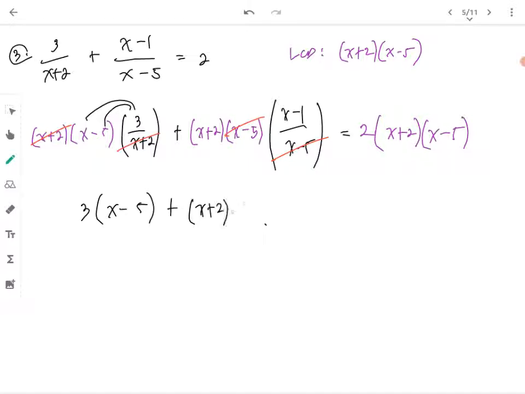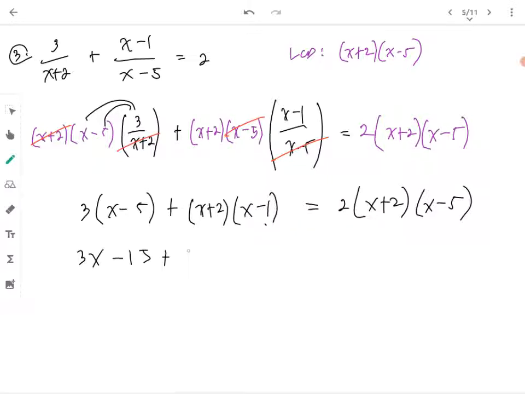x plus 2 x minus 1 equals 2 times x plus 2 x minus 5. So this one we can write as 3x minus 15. Then this portion we can write as x squared plus x minus 2. So if we simplify that, that's x squared plus x minus 2.